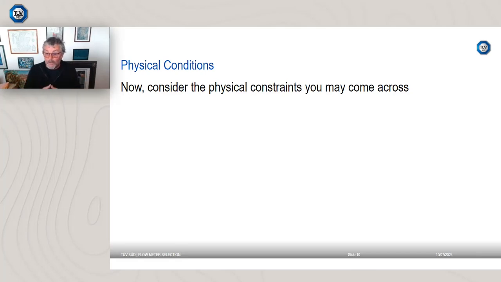Okay, another thing we have to look at is where is the meter going to go? It could be in a desert in Saudi Arabia or a field in the UK or Germany or America or Canada or Australia. Conversely, it could be on a very, very small platform located very, very far offshore. Now, clearly, the space available to the selector of the meter or the metering system is very much different in these cases.